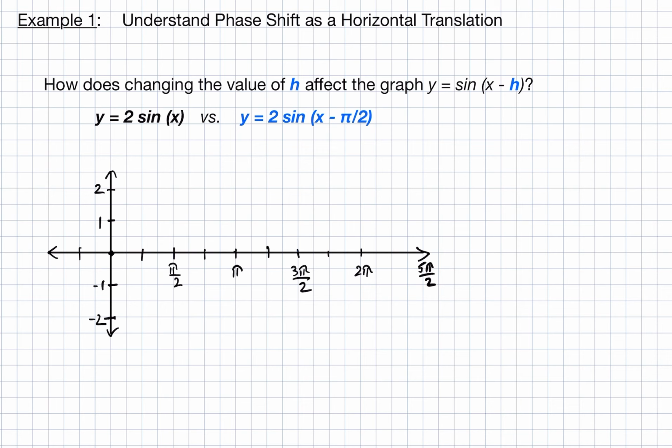And if we were to graph this, because of this 2 in front of the sine function, this coefficient is a 2, so that tells me that my amplitude is going to be 2.